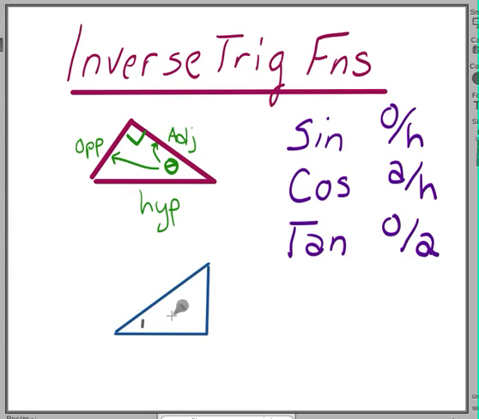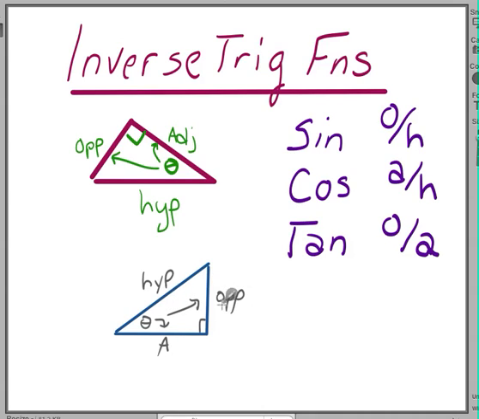We'll call that one theta. So here's theta. Okay, so this being the right angle, that makes this the hypotenuse. And adjacent is right here. And the opposite is right here.